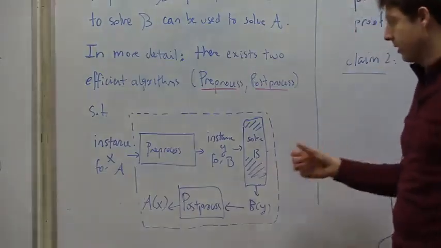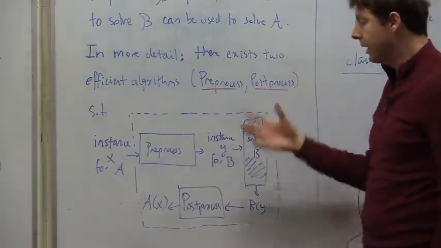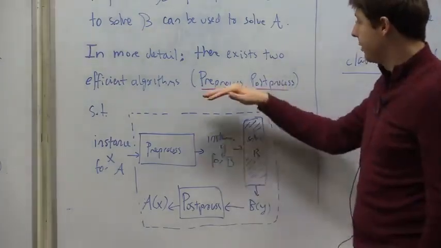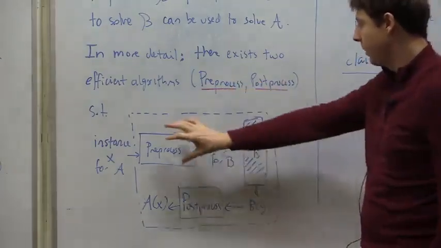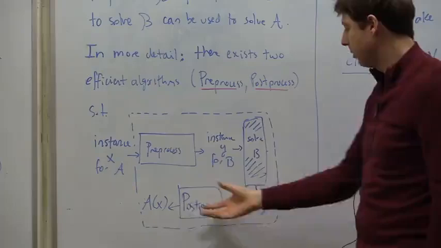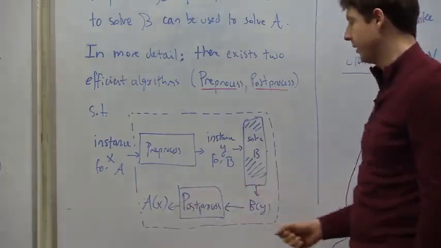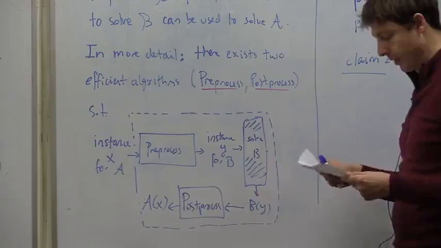Okay? Maybe you will never come across an algorithm for B. What instead you are being asked to do is to relate the problems. Relating the problems consists of writing down the two algorithms, pre-process and post-process, that are preparing the instance and solving the instance. Okay? And reading and translating the answer produced by the subroutine for B.